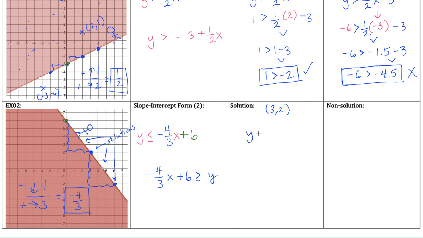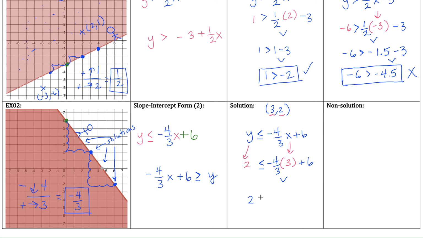So y is less than or equal to negative 4 over 3x plus 6. 3 and 2. So 2 should be less than or equal to negative 4 over 3 times 3 plus 6.